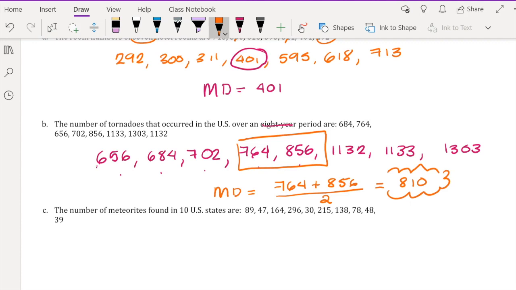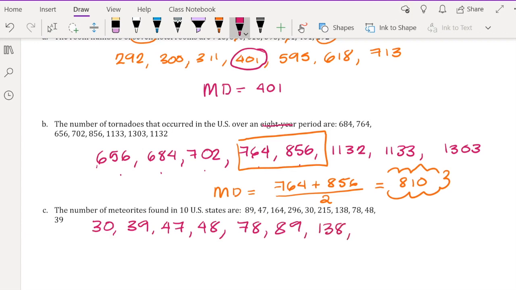So let's go to the next one. The number of meteorites found in 10 US states are. So the data does not look in order at all. So let's do that. 30, 39, 40. But the good news is once you know how to do this in Jamovi, you don't have to worry about ordering the data. The bad news is when you have to do it by hand.